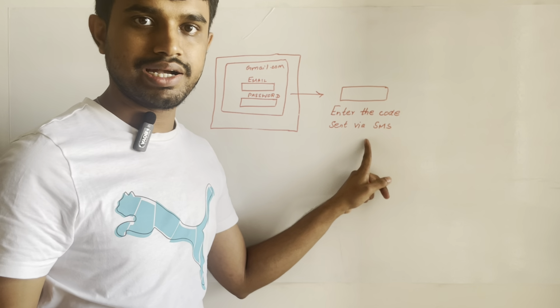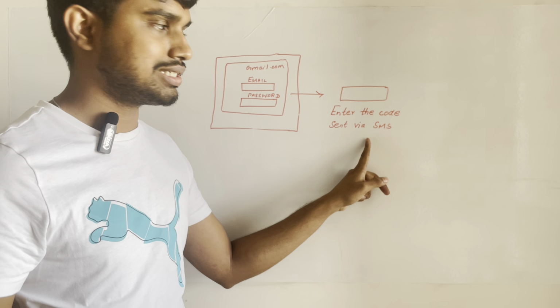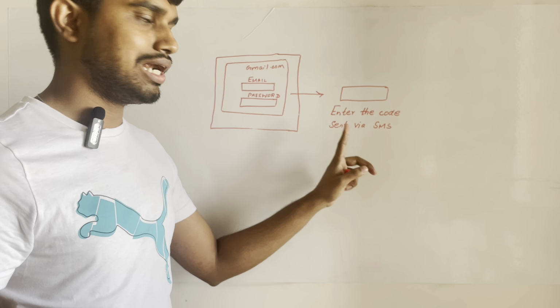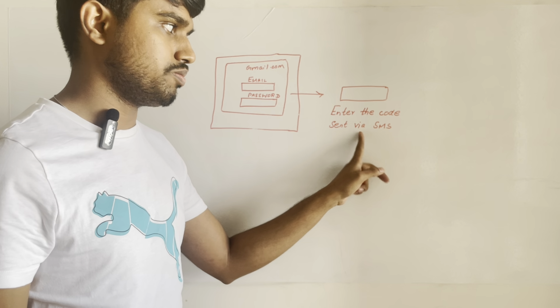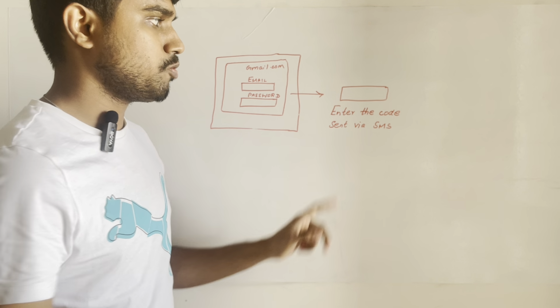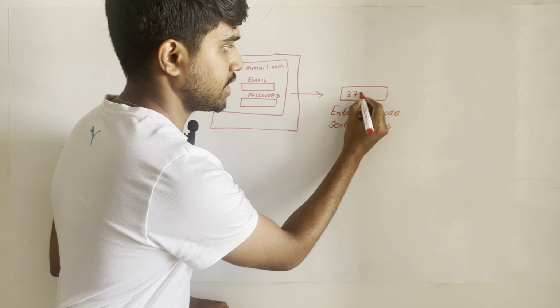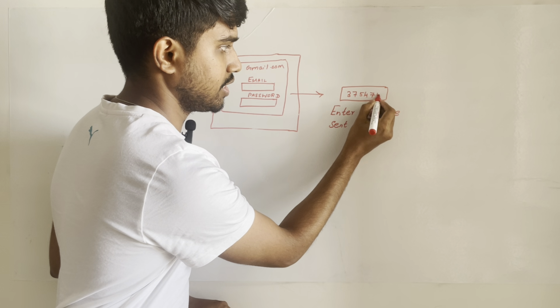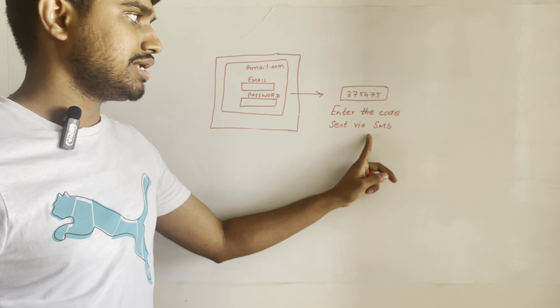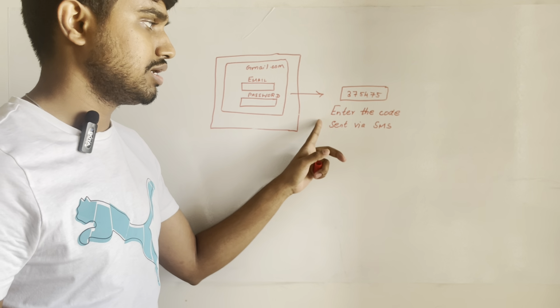This is a usual pattern followed by many applications: once you give the password, it will send you a code to your mobile phone via SMS, and once you enter it, maybe 375465, right? Your Gmail will be accessible.